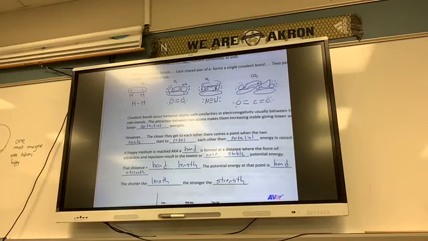Why below 0? Because we're starting to store energy in the bond when the bond is formed. Then boom, negative 458 kilojoules per mole at a bond length of 0.074 nanometers, a hydrogen bond is formed. That's the ideal distance between nuclei for a hydrogen bond.